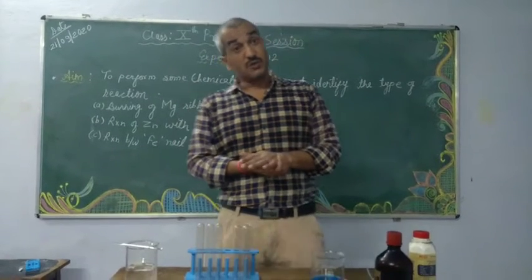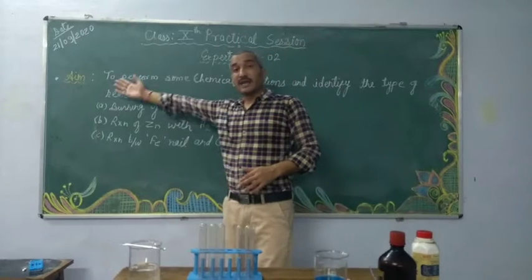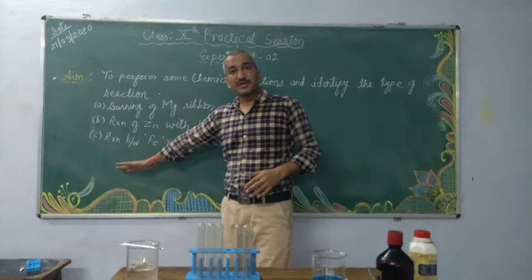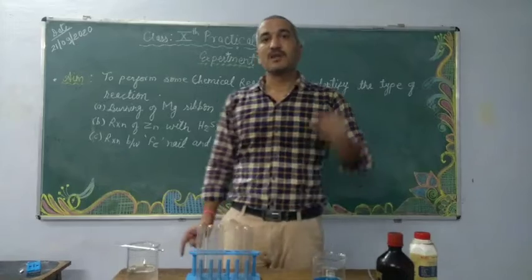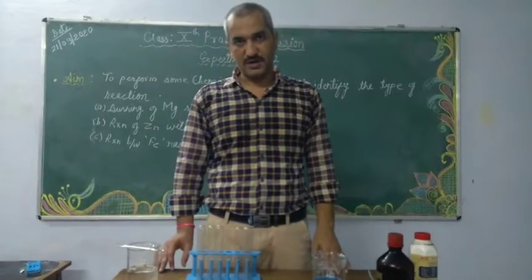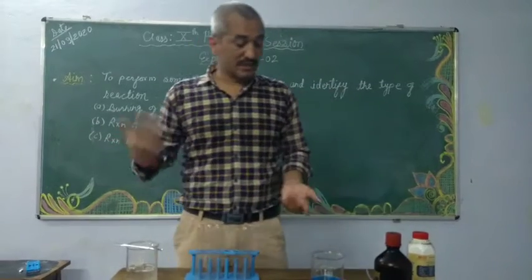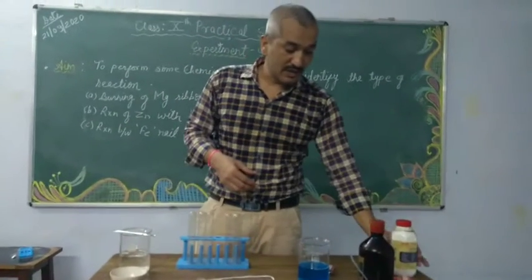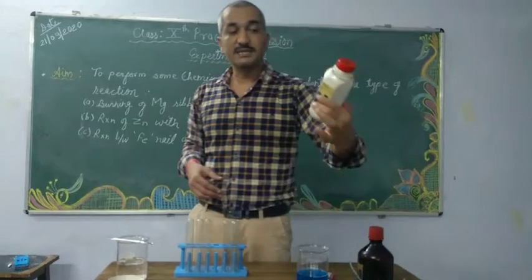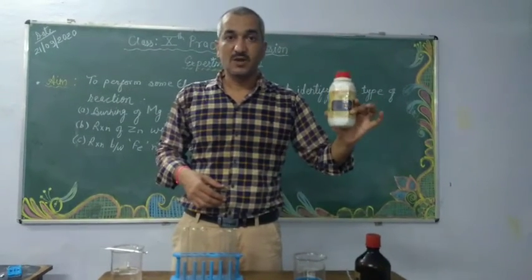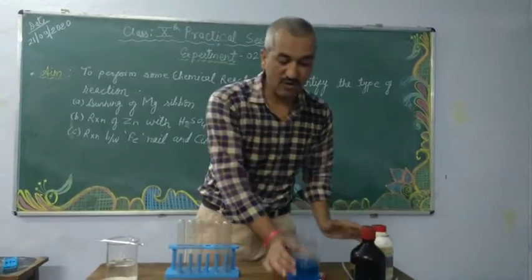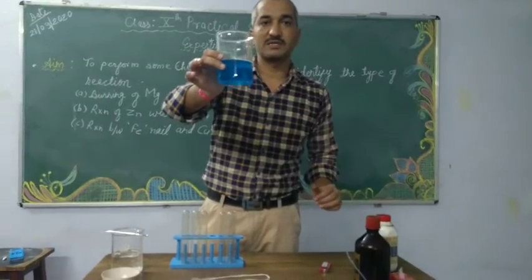After the aim, the next point you have to mention in your records is the material required. So what kind of material is required for these reactions? You see here I have some chemicals. This is copper sulfate, and I have already prepared the solution of copper sulfate with water.